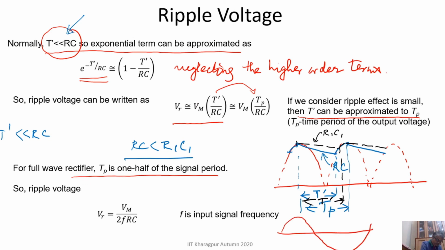So this is my input time period, from here to here. Say that is the time period Ti. Whereas in case of full wave, this TP will be half of that signal period. That is obvious. So we can replace this TP.